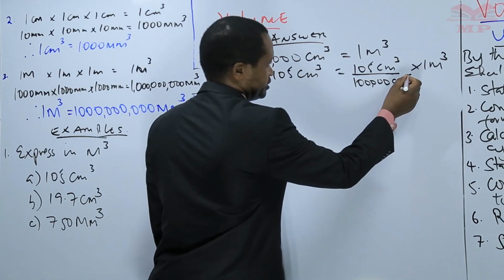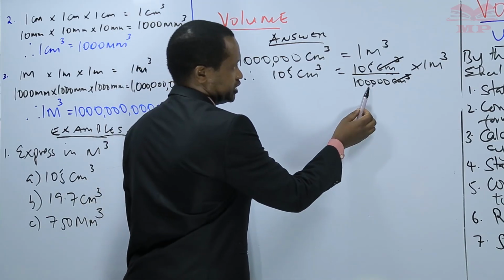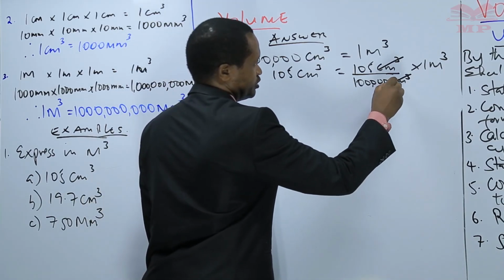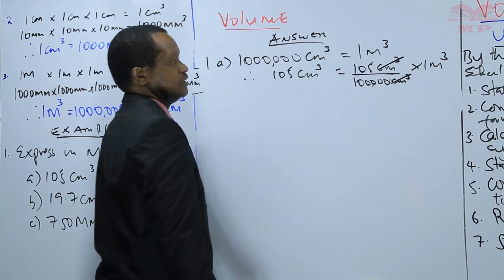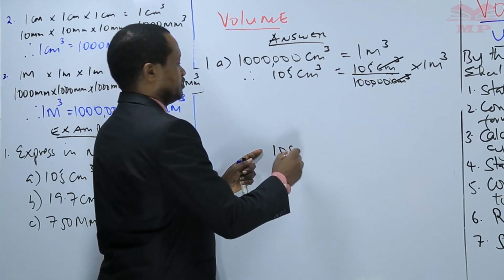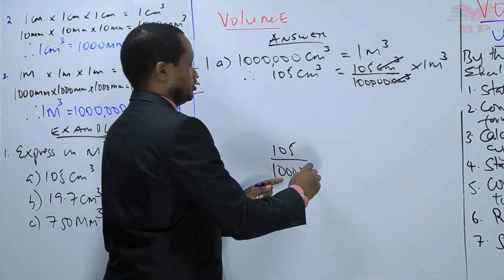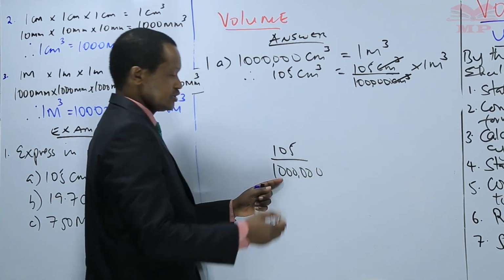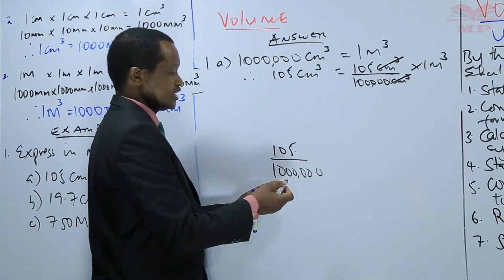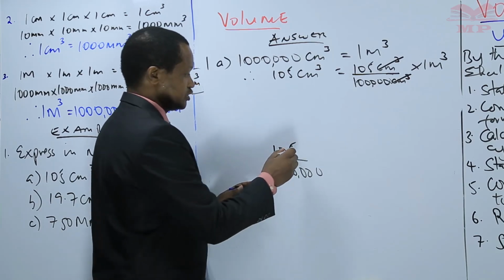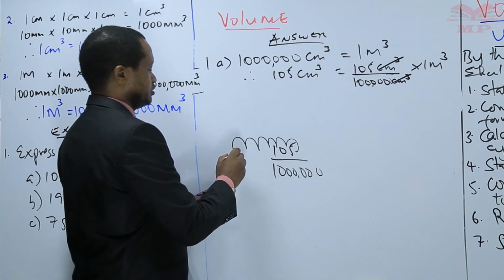These cubic centimeters will cancel out. So we have 105 divided by 1 million. These are 6 zeros. Because we are dividing, we move the decimal point 6 times to the left. 1, 2, 3, 4, 5, 6. We have a point there.